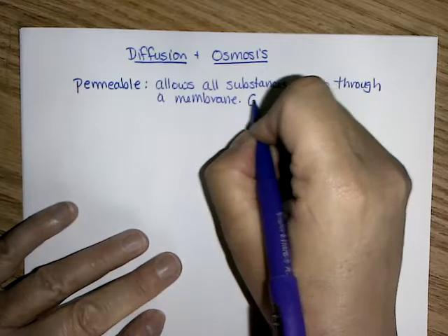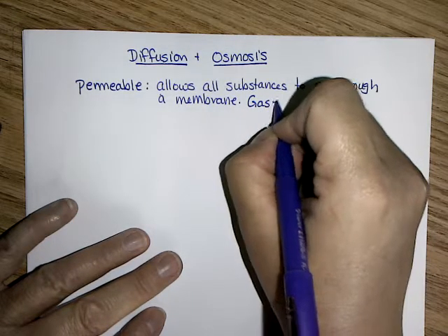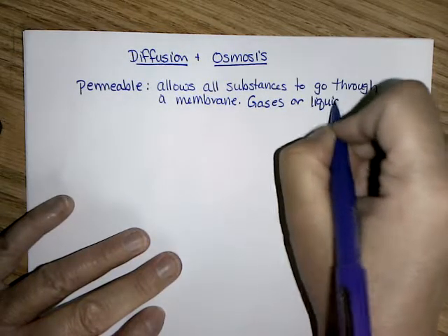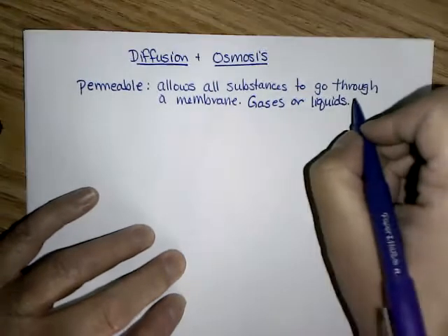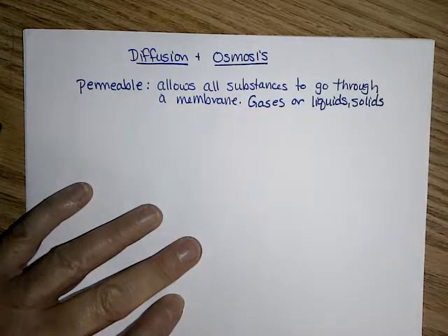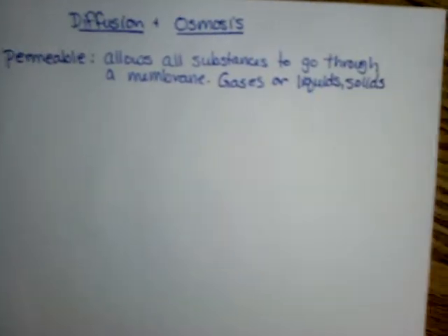Okay, it can be gases or liquids, and sometimes even small solids. So it just depends what that cell needs and how it's going to get through that membrane. Okay.